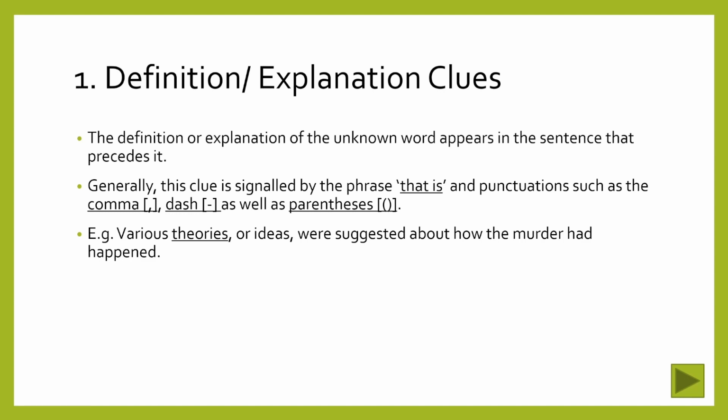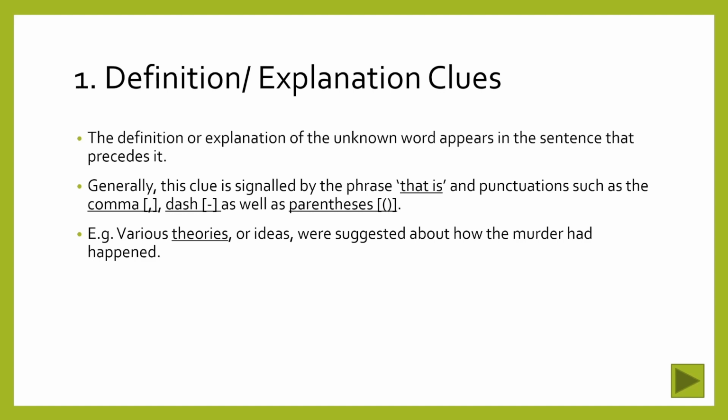So, theories, maybe you don't understand the word theories. So, look at after the word here, "or ideas". Meaning ideas refers to the word theories. So, when you read "theories or ideas", oh, you understand. This word has the same meaning as ideas or almost similar meaning to ideas. So that is the contextual clue there.